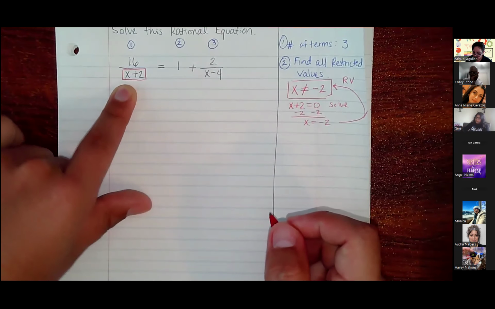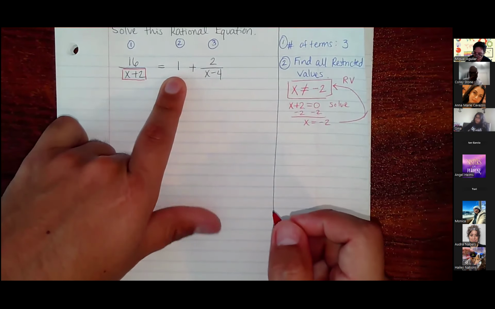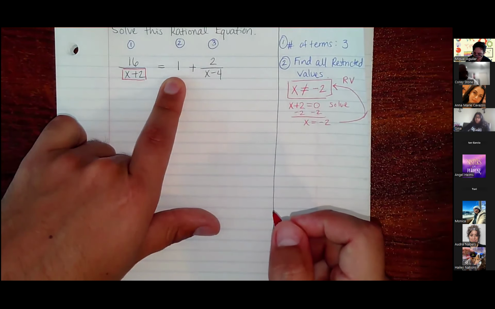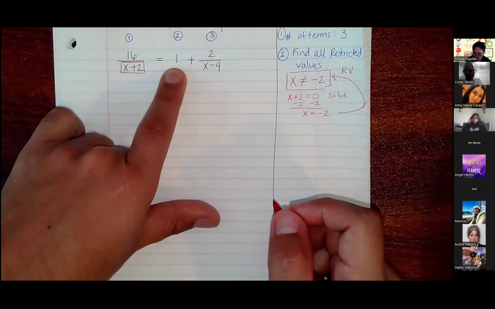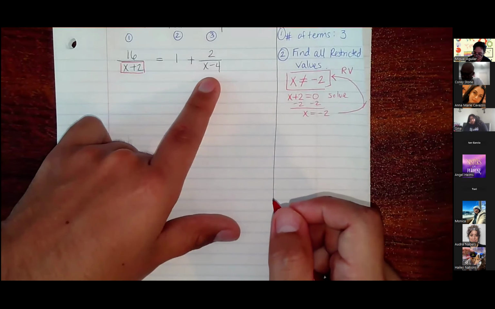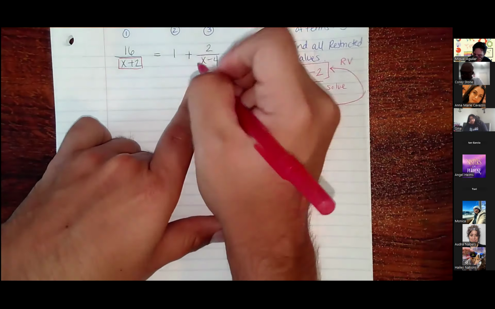Okay. The next term, is this a fraction? No. So I don't have to worry about it. It's not going to have any restrictions because I don't have a variable in the denominator. So I'm going to move on to the next rational expression.